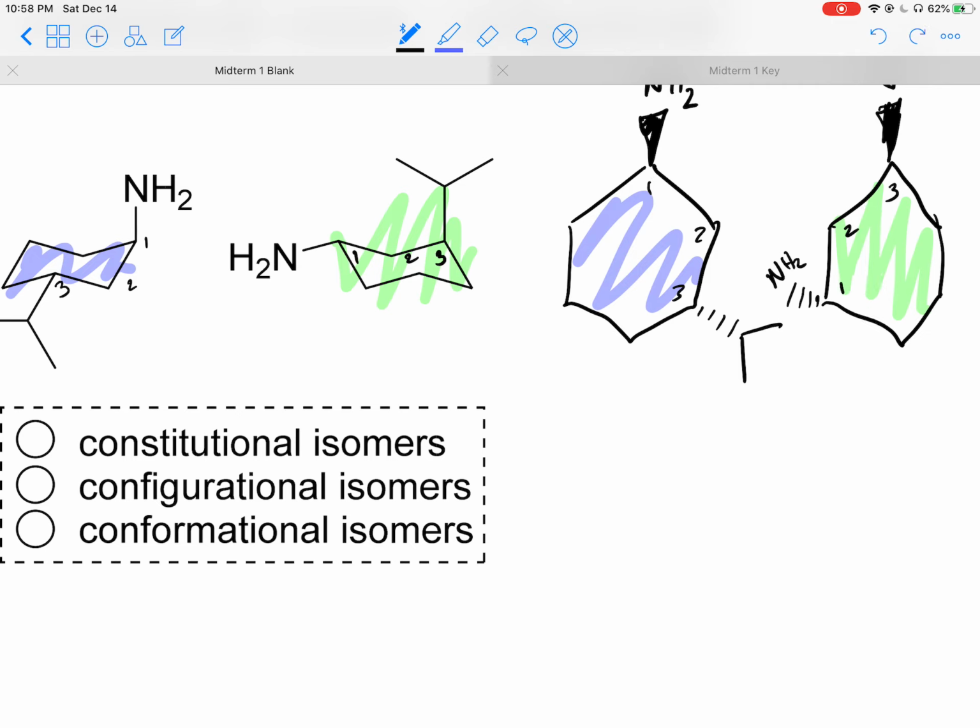We can just rotate it so that number 1 here is where number 1 is on the indigo one. 1, 2, 3. NH2 and isopropyl. Nope, that'll be wedged.